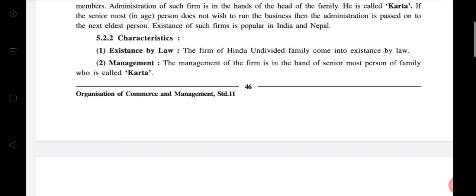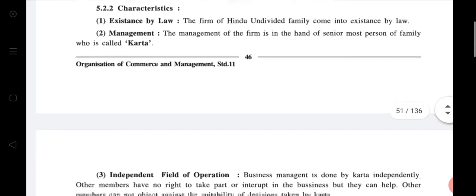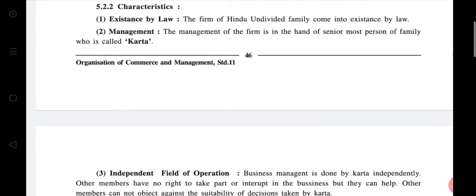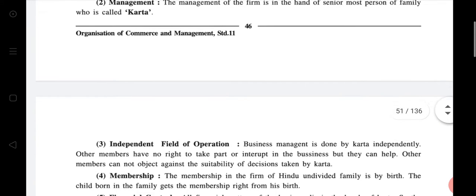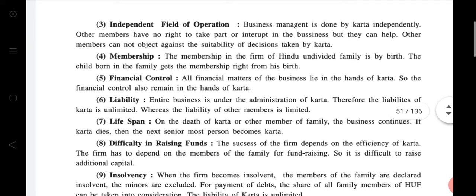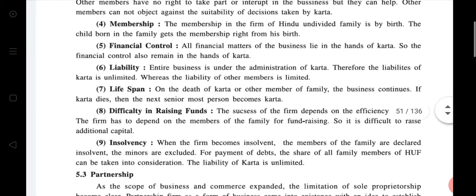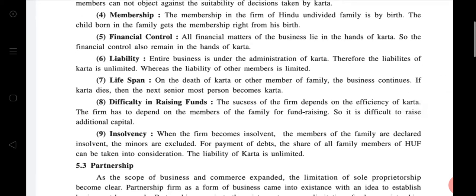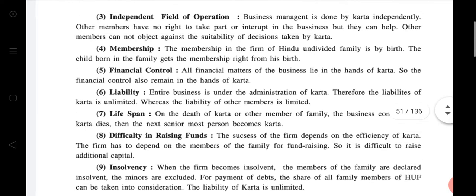Now the characteristics. First one, existence by law. Then management, then independent field of operation, then membership, financial control, liability, lifespan, difficulty in raising funds and insolvency.